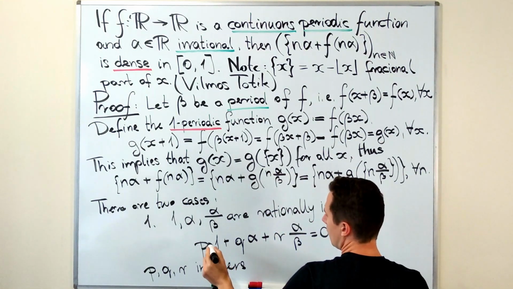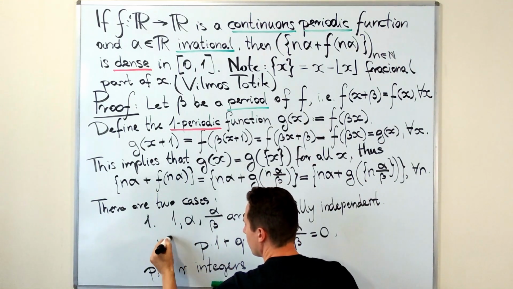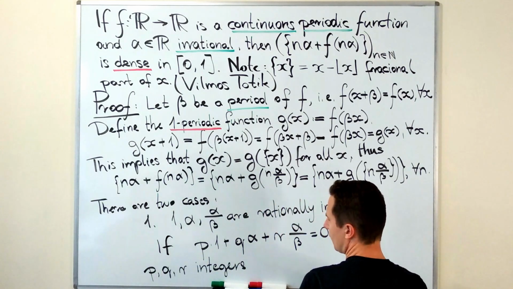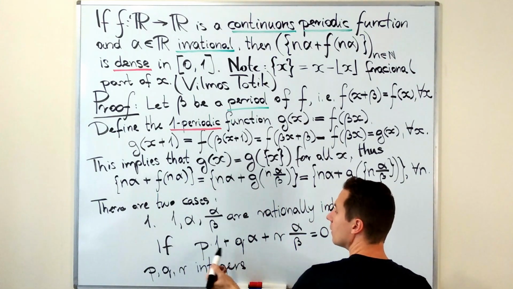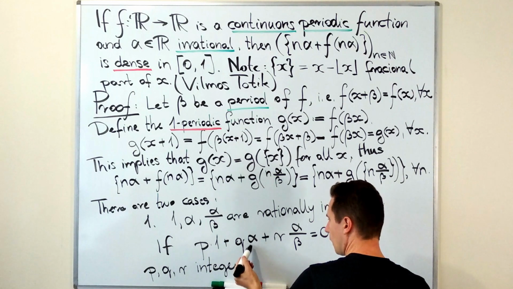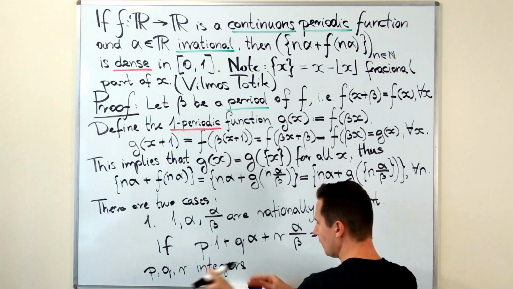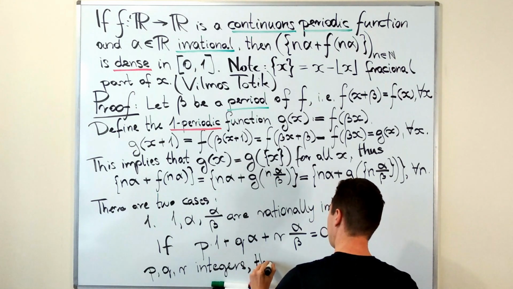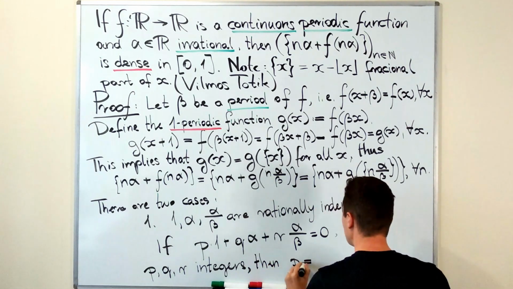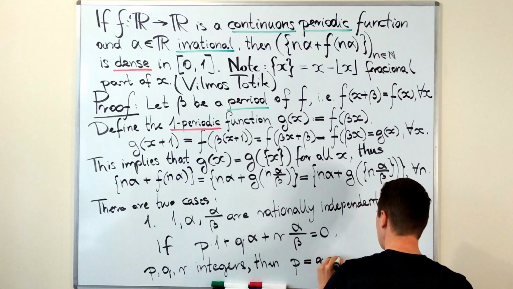is if all of them are 0. So if I can connect the numbers 1, alpha, and alpha over beta in this way using integers, then all of them must be 0.